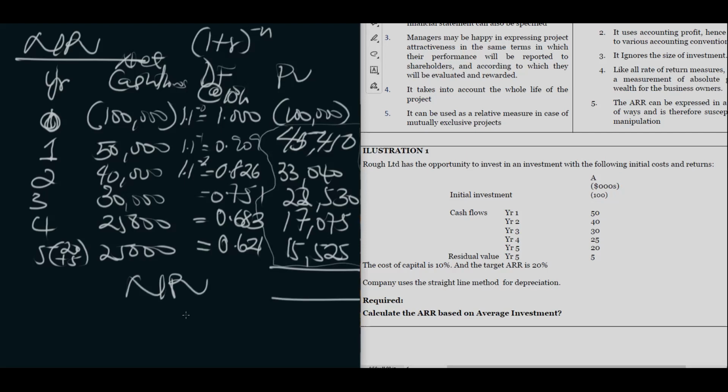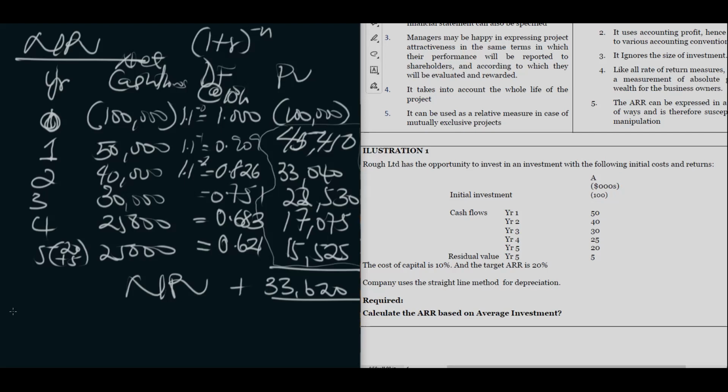So then you less your 100,000. That means you have 33,620 positive. And once it's positive, that means that this investment is helping you save about 33,620 as compared to the bank. Or you generate excess of 33,620 above if you should have invested in the bank.